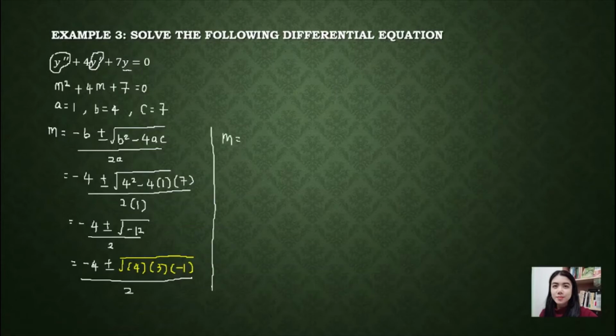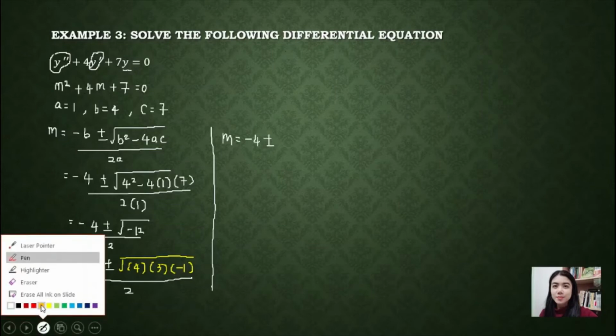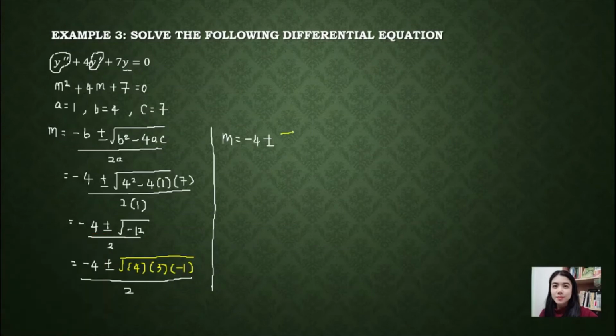So if you split it, we will have m equal to minus 4 plus minus the square root of 4, the square root of 3 and the square root of negative 1, divided by 2.